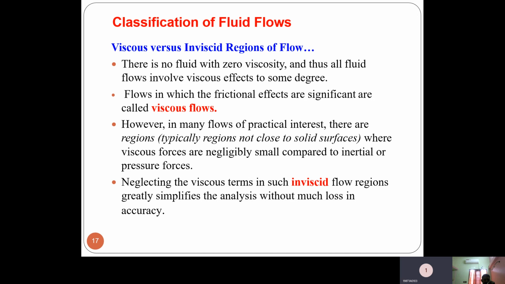Neglecting the viscous terms in such inviscid flow regions greatly simplifies the analysis without much loss in accuracy. So by this slide, inviscid flows are the flows in which frictional resistance is negligible. The fluid flows in which the viscous or frictional resistance is negligible are called inviscid flows.